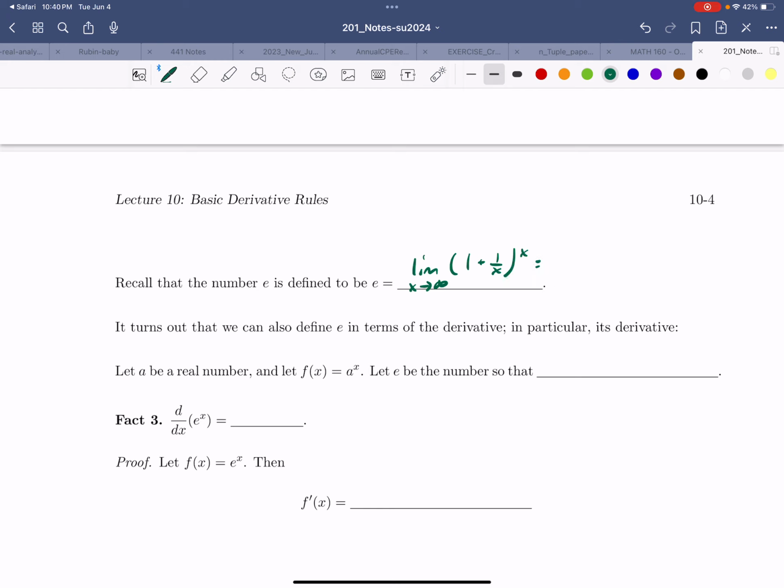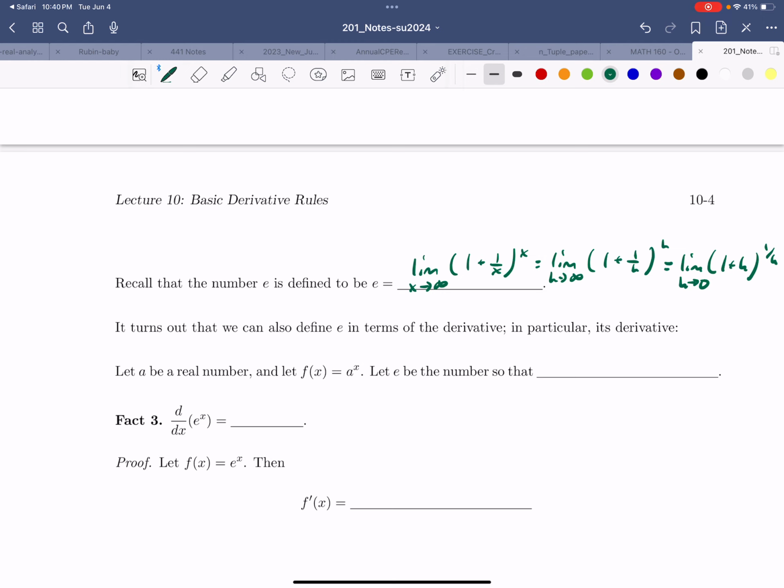Equivalently, instead of writing x, we could write h: the limit as h approaches infinity of 1 plus 1 over h to the h. And it turns out it's the same thing as the limit as h approaches 0 of 1 plus h to the 1 over h. Just think about that for a second. It works out.